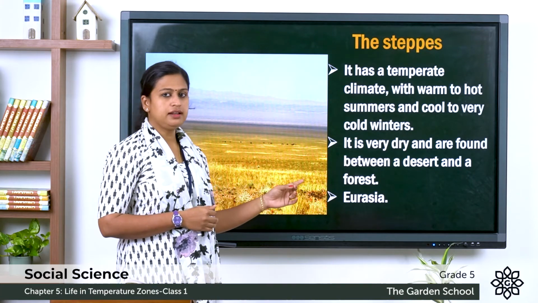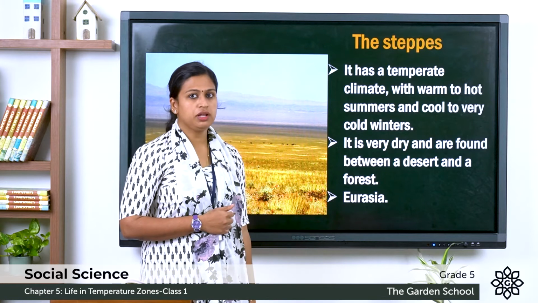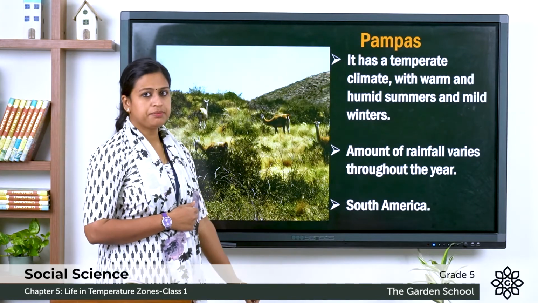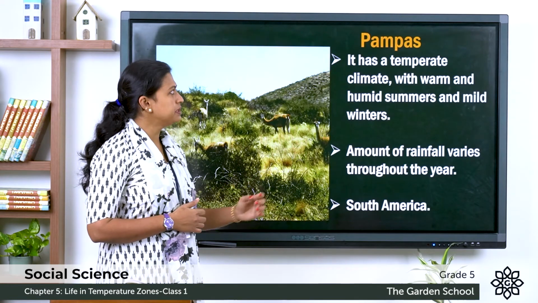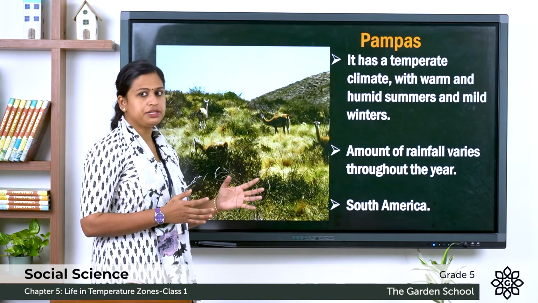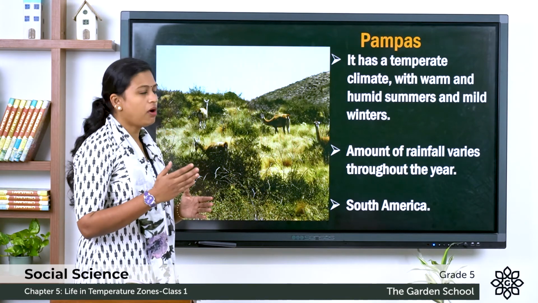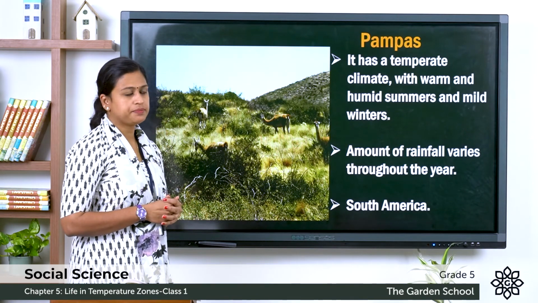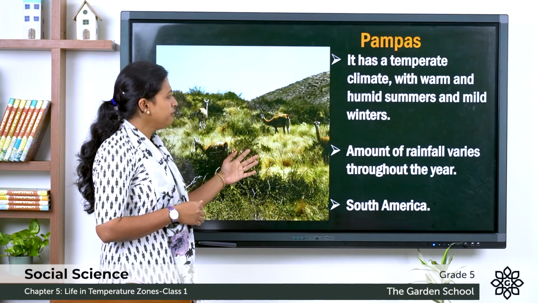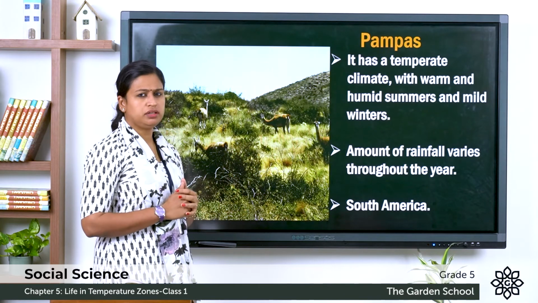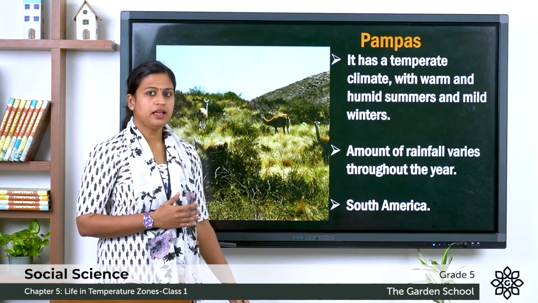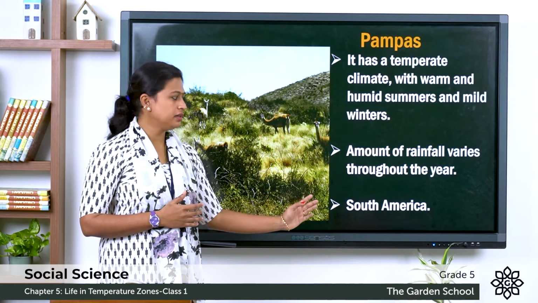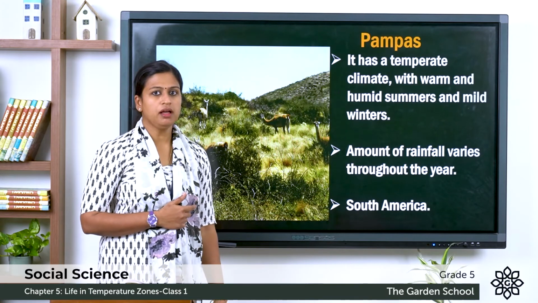We have seen that it is located in Eurasia. The next temperate grassland is pampas. It has a temperate climate with warm and humid summers and mild winters. The amount of rainfall varies throughout the year. We have seen that the pampas is located in South America continent.